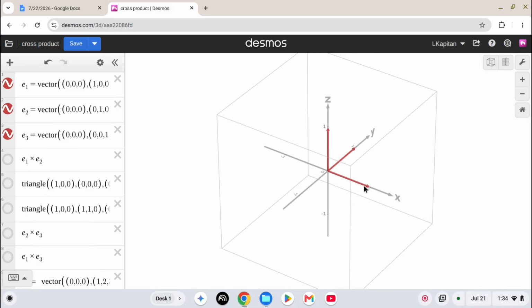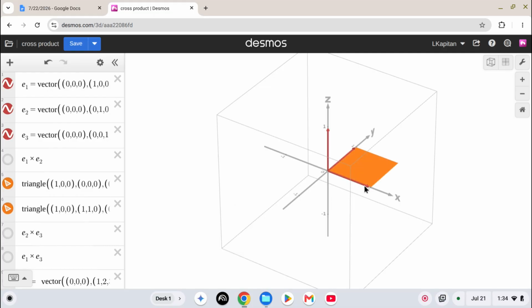So this is E1, E2, and E3. Dear Desmos, when are you going to let us do labeling in Desmos 3D? It's been years. Get it done. Okay. So when you say E1 wedge E2 like this, it'll look like that.